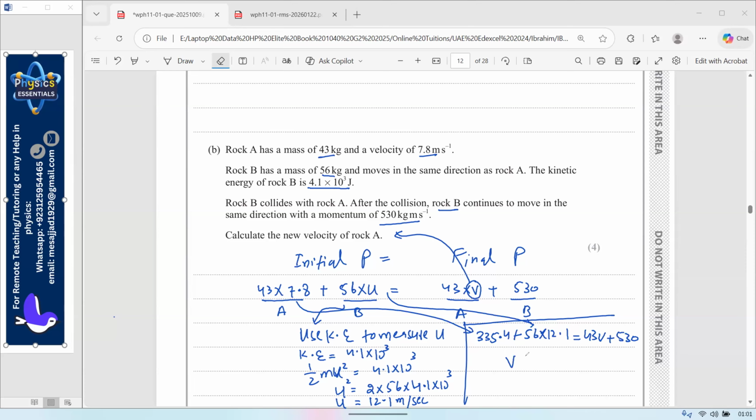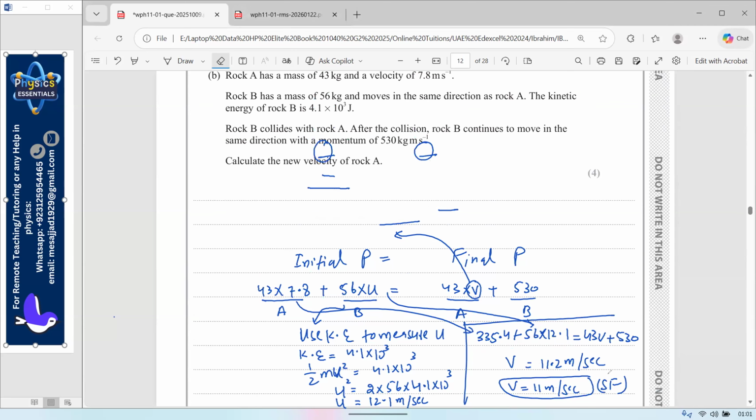So after simplification, my answer is going to be 11.2 meter per second. But again, you should be very careful that your data is in two significant figures, especially for the velocity. So it should be in two significant figures only. You have to round it off to two significant figures.